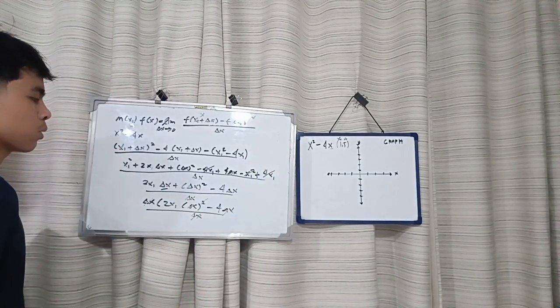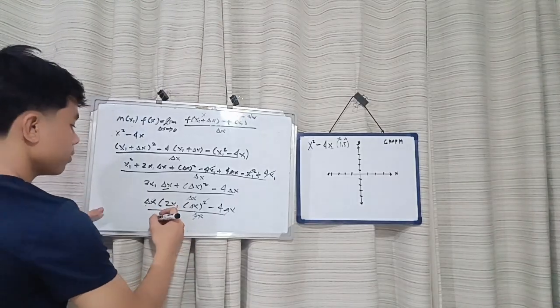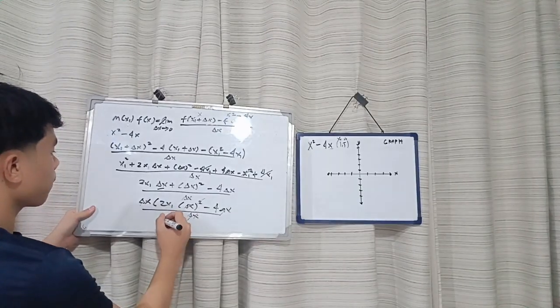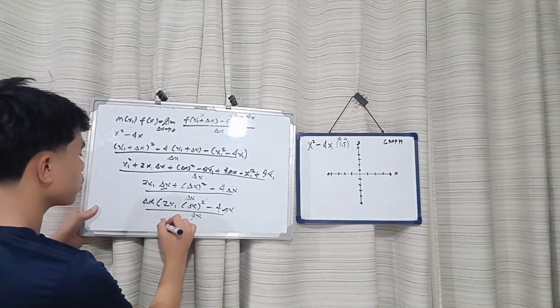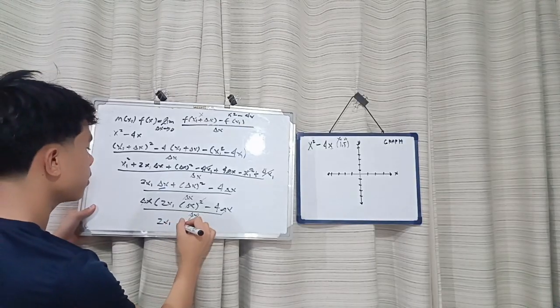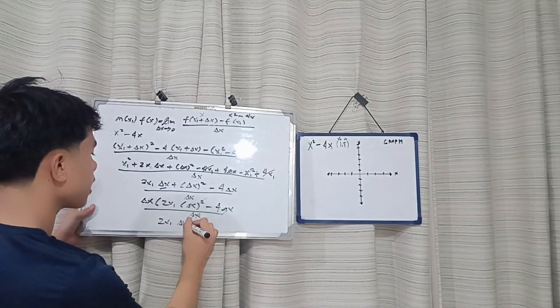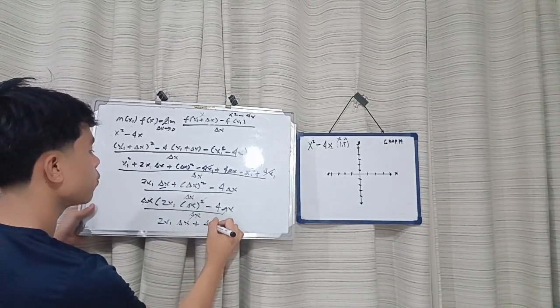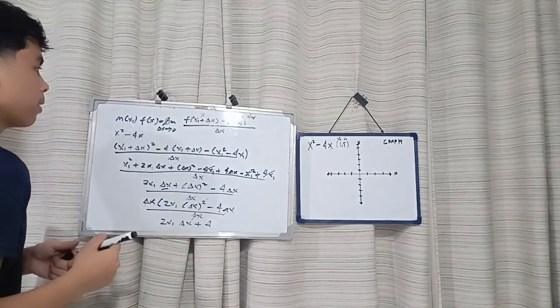The remaining will be 2x sub 1 plus delta x minus 4.